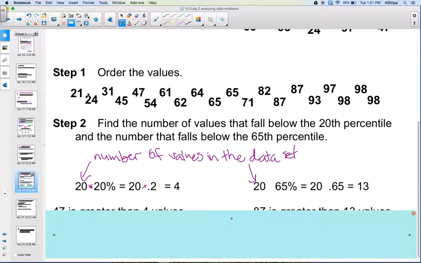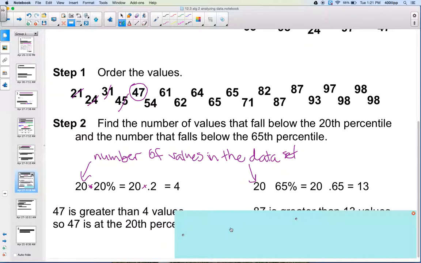We're going to count 4 values that have to be below. So here's 1, 2, 3, 4. The next one is going to be your 20th percentile. Therefore, 47 is greater than 4 values, so 47 is at the 20th percentile of this data set.